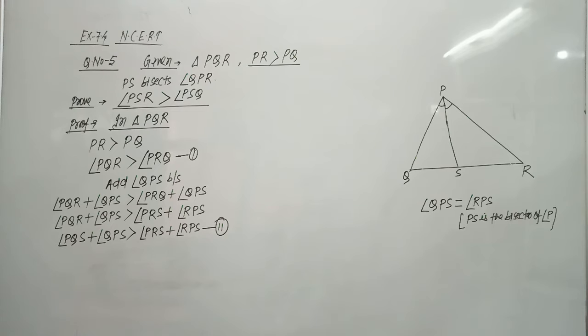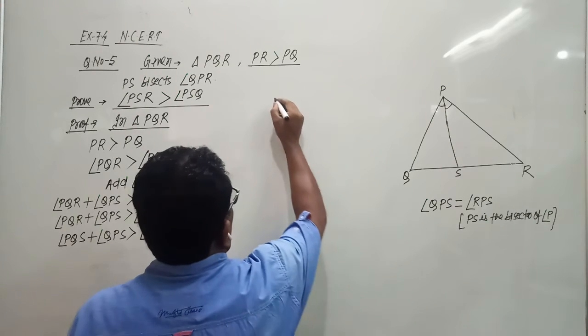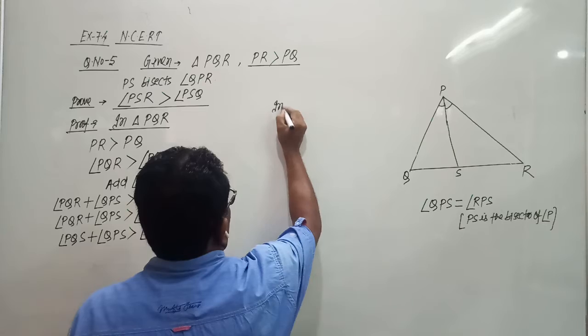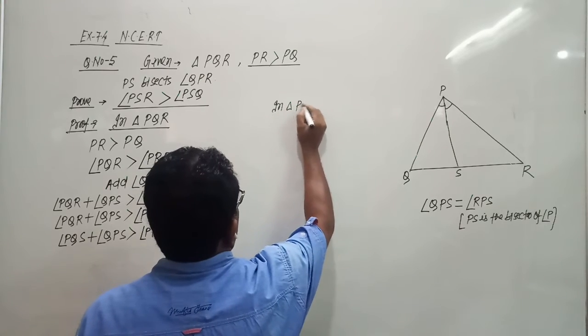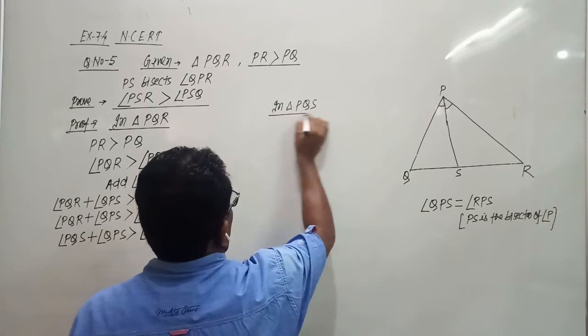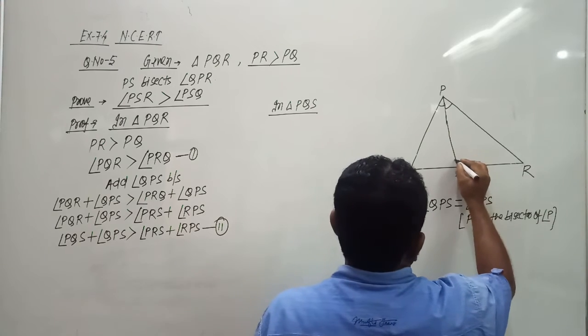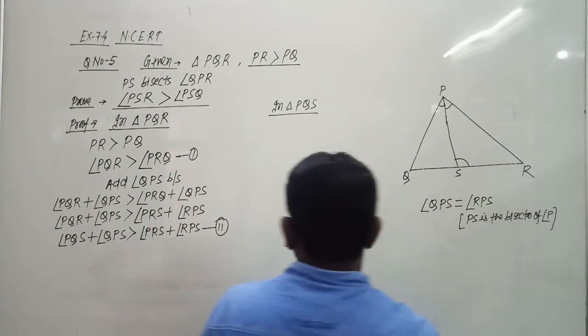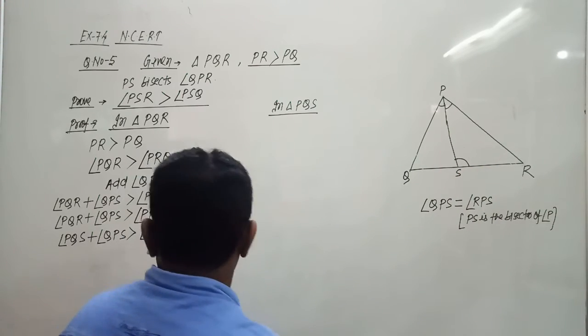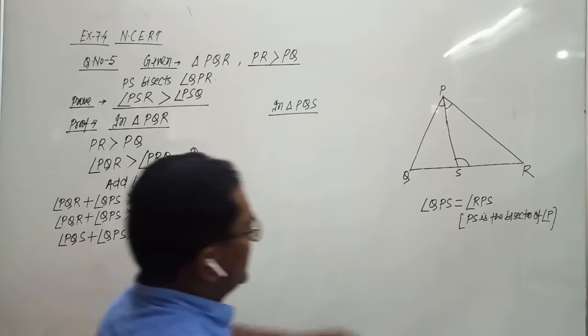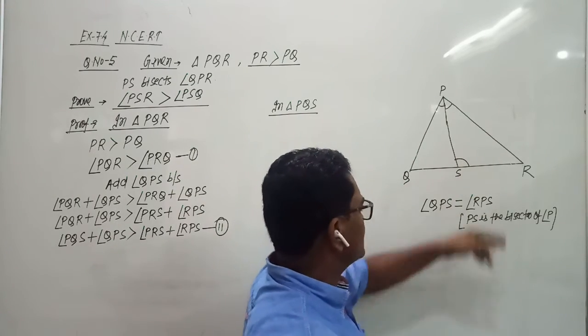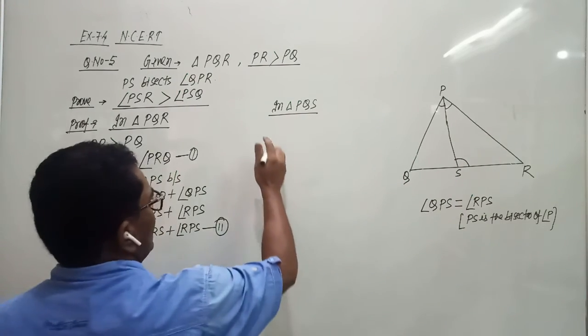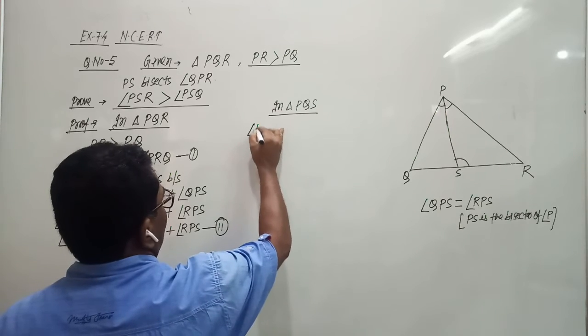Now in triangle PQS, angle PSR is the exterior angle.